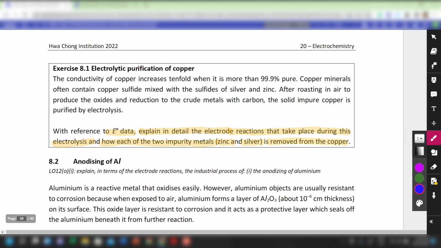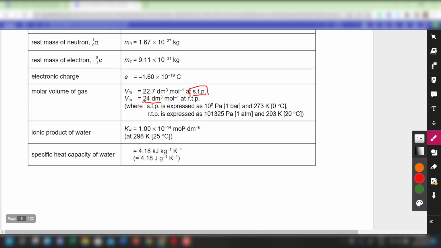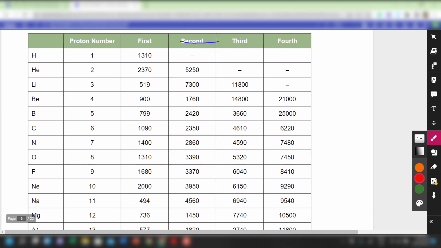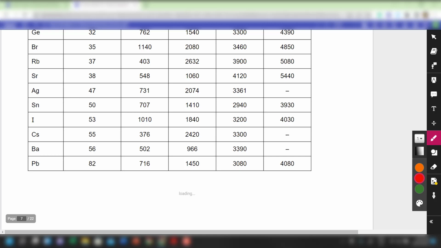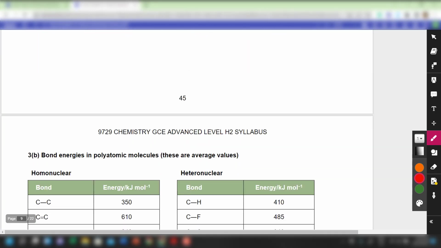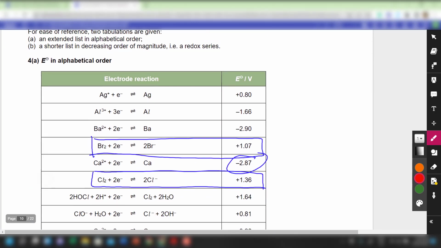What is important now is to look at the data booklet. Again we have silver and zinc, so we need to write down the reduction potential values.